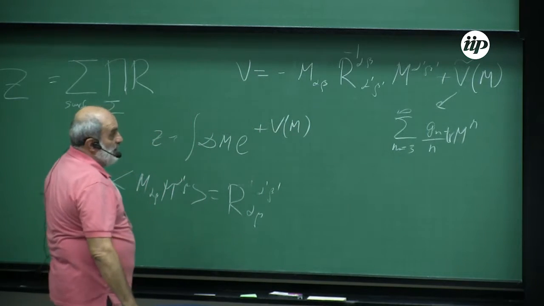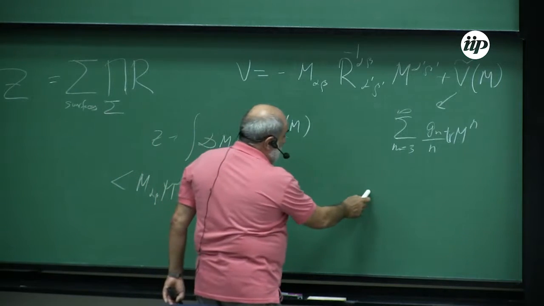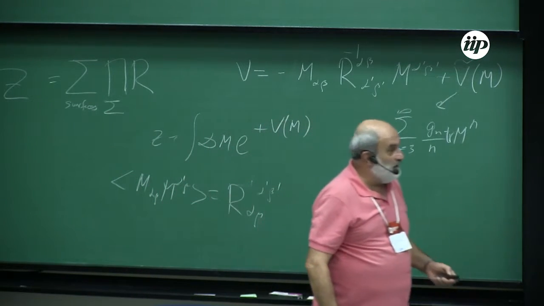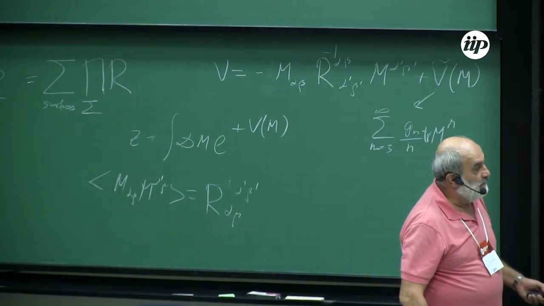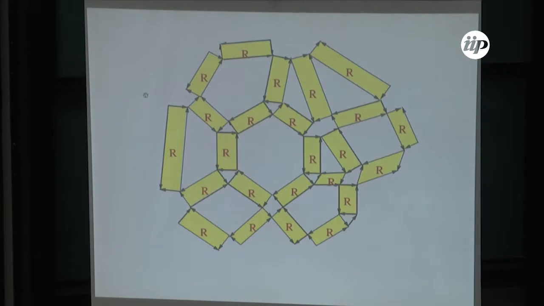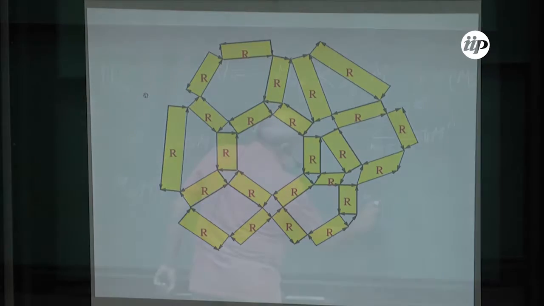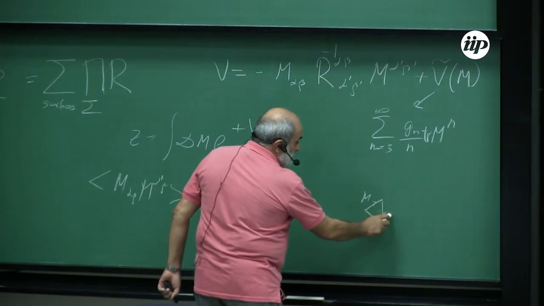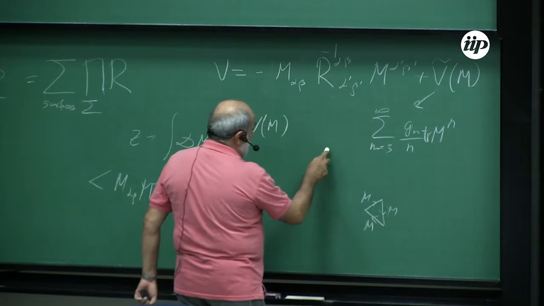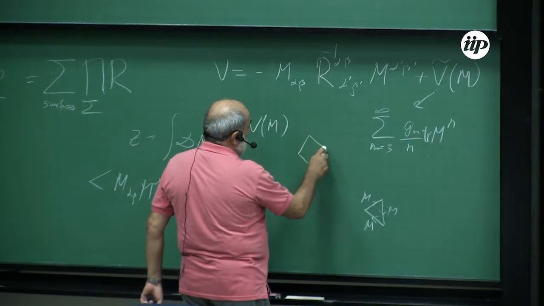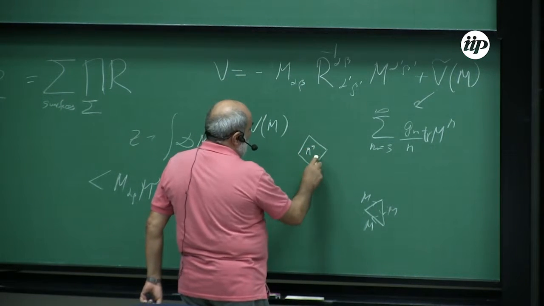And then what will happen if I consider, maybe I have a picture here. Okay, I will have some vertex. Three m's are associated here, m, for a cubic vertex. I have another vertex, for example, a quartic vertex M4 here.